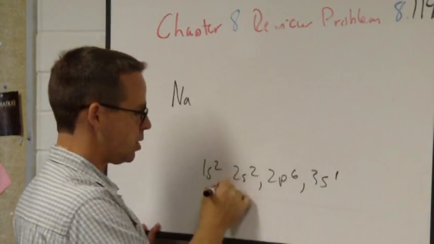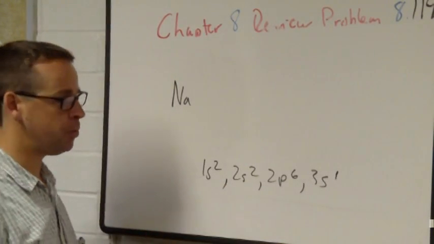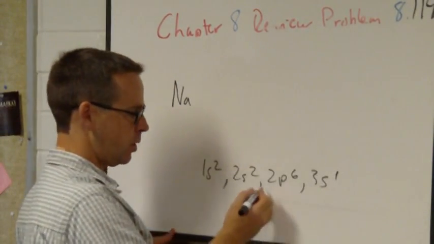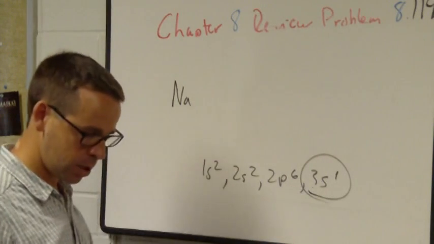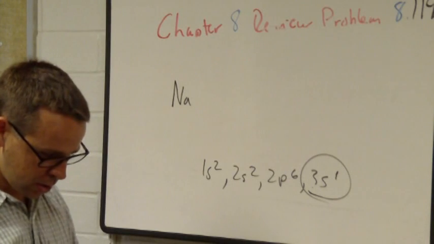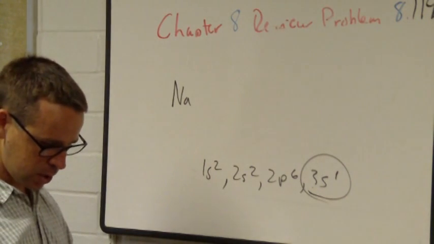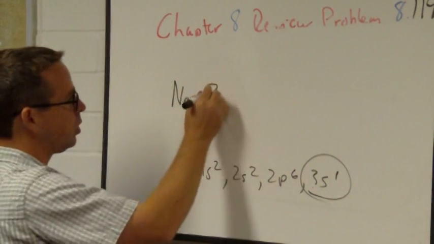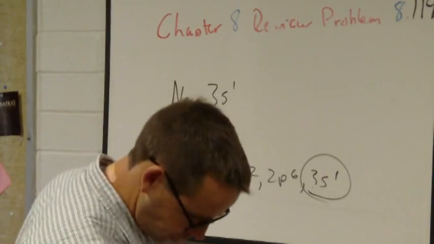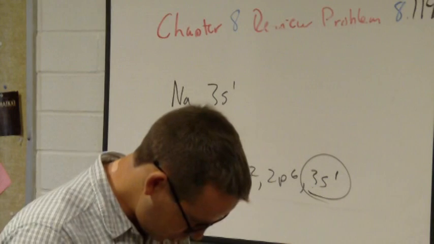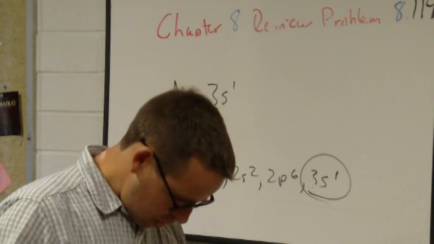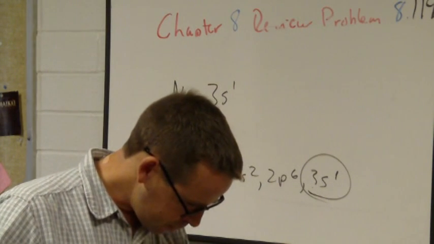And the ones that have the highest N value, which is this 3 here, those are our valence configuration. So the electron configuration of the valence shell for sodium would just be 3s1. All right, do they want an orbital diagram with that too? No, just that. Okay.